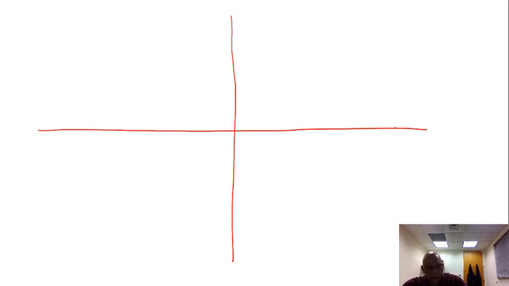I wanted to do a quick picture to demonstrate this one more time. So I draw my axes. I can have a function, let's say like this. And sure, I'll even add a little discontinuity in here.